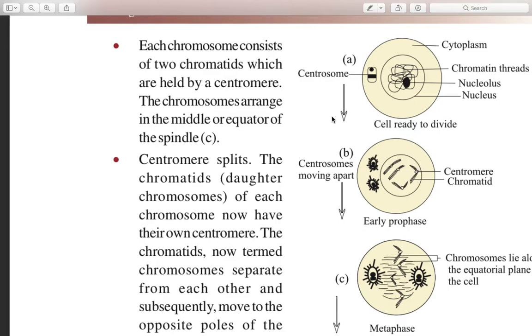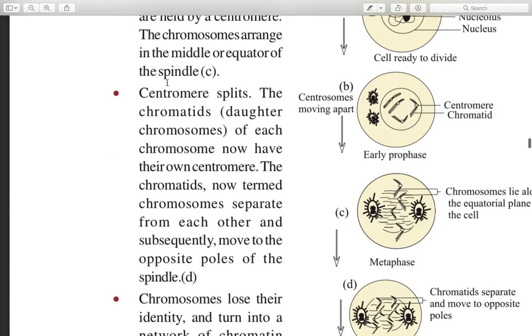So the chromosomes arrange in the middle, or equator, of the spindle. Here this is the spindle. After the centrioles go to opposite directions and the spindle fiber is formed, the chromosomes arrange in the middle, like this. Then what happens? The centromere splits.